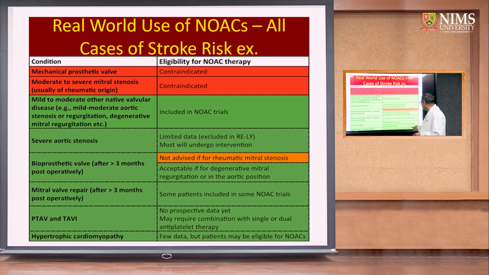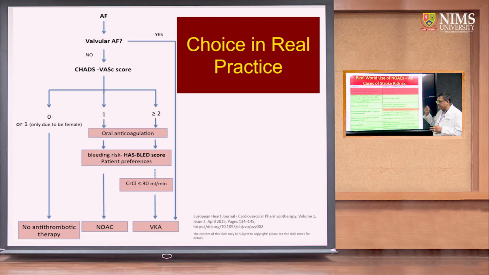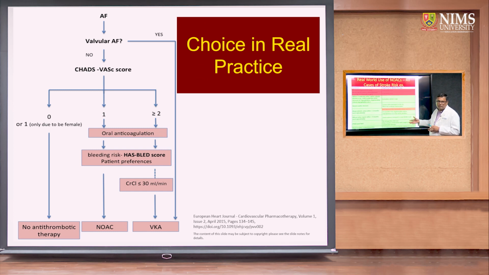In hypertrophic cardiomyopathy, again the problem is whenever there is LA enlargement, you have to make sure that you are using more potent anticoagulation, or when there is a mechanical prosthetic valve. With a bioprosthetic valve, unless it is an MS situation, other than that you can use a NOAC also. So, I think you are clear where to use NOACs and where not to use NOACs, because that is very important.